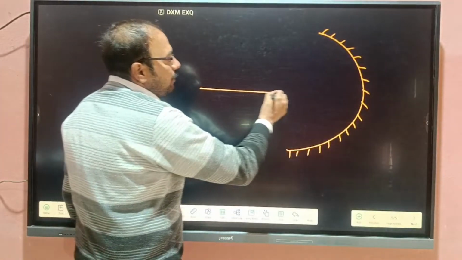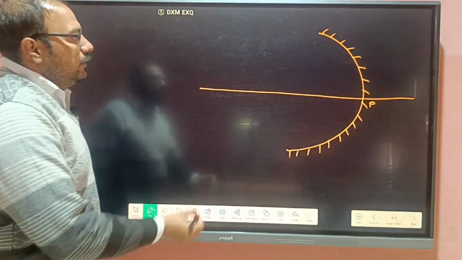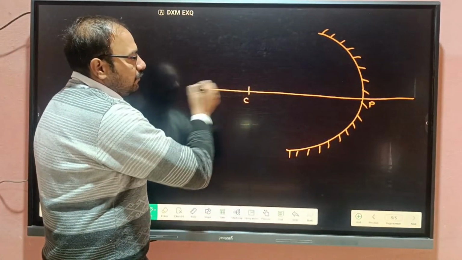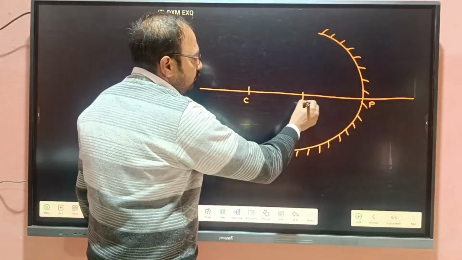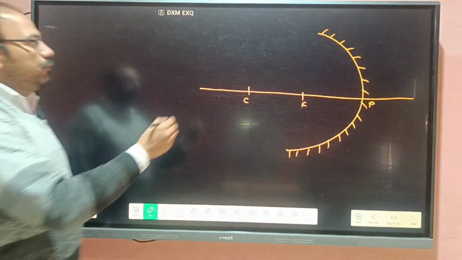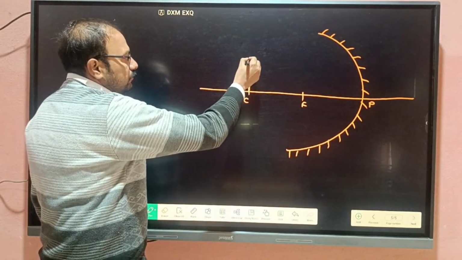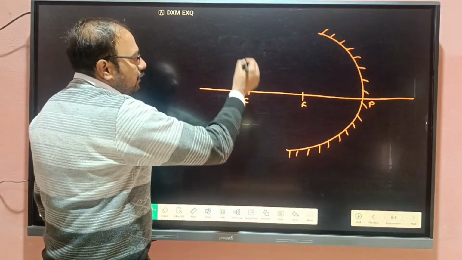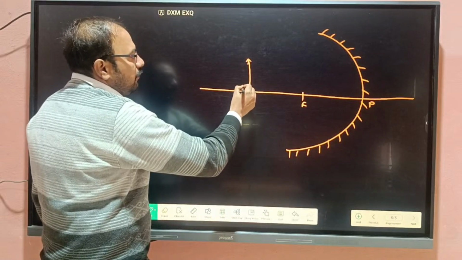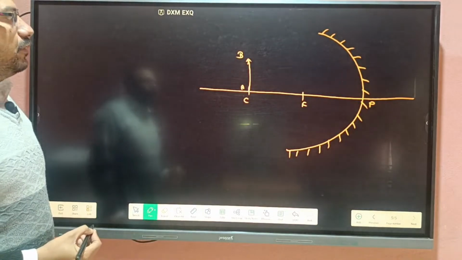This is the principal axis, this is known as the pole, C is known as the center of curvature, and F is the focus. So we put the object at C. For example, AB is an object kept at C.